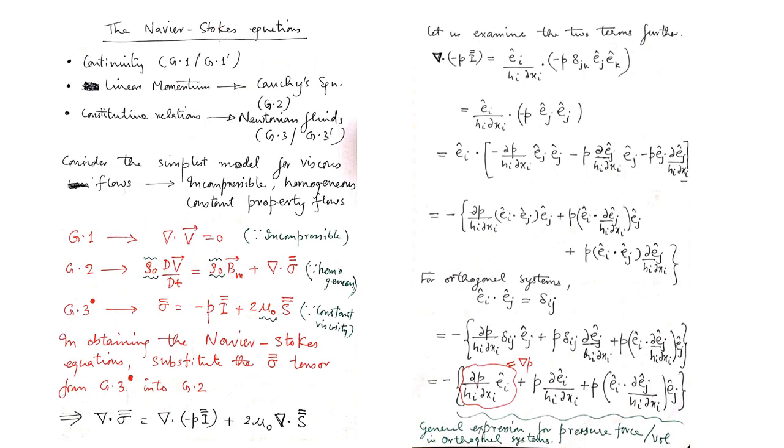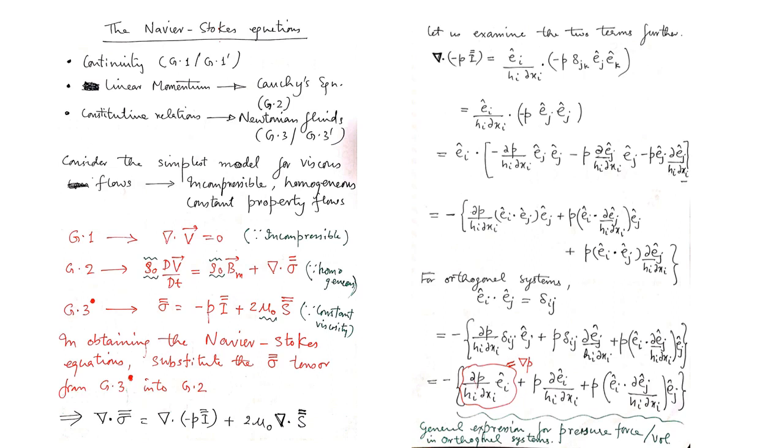Likewise, the constant property aspect is readily visible in the G.3 constitutive relation for Newtonian fluids in the form of mu naught, which is the first coefficient of viscosity, treated as a constant or just a number, so to speak, for a particular fluid.